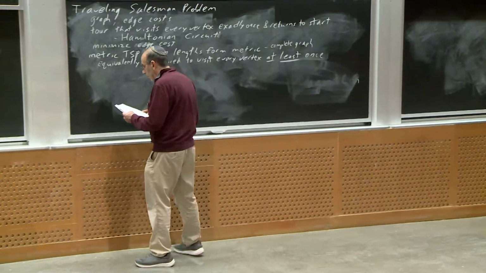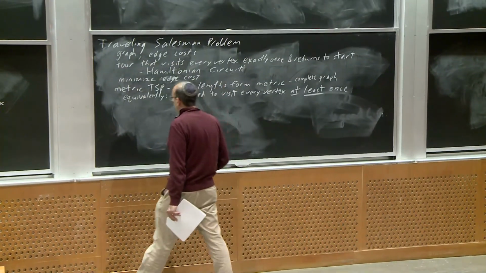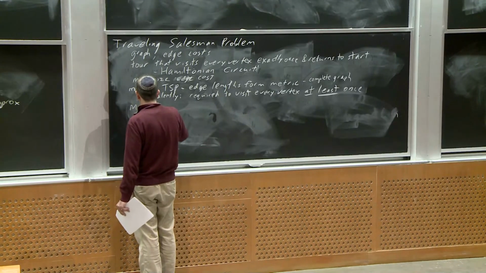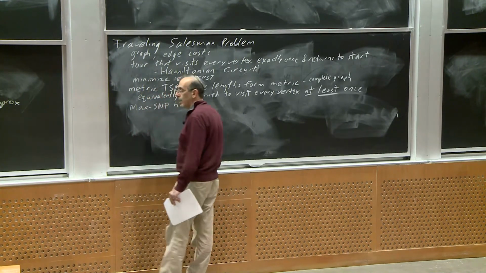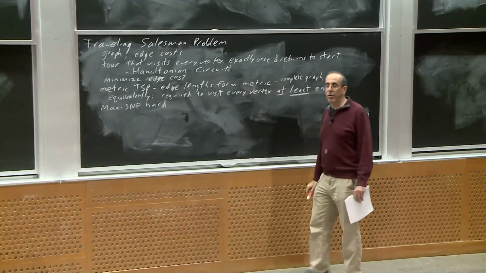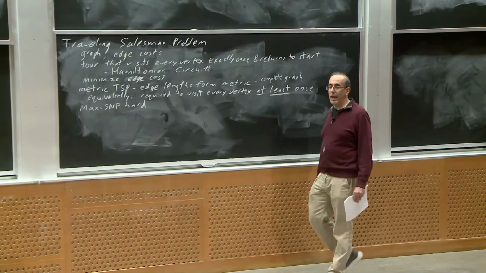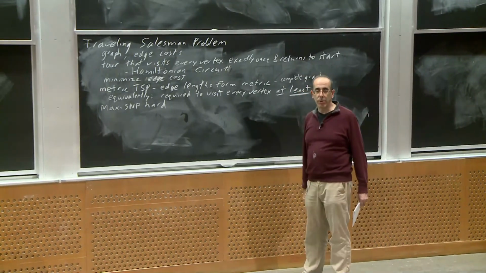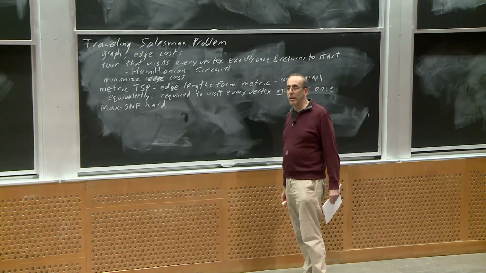Okay. Now, this problem is max SNP hard. So we will soon see that it is approximable to within some constant, but that it is also not approximable beyond some other constant. Right?